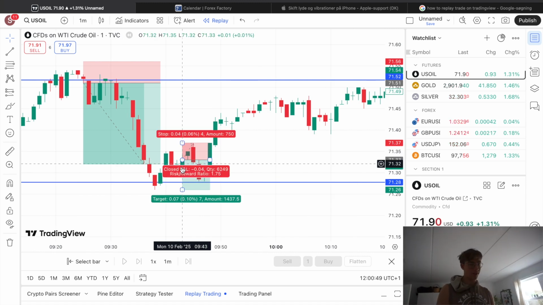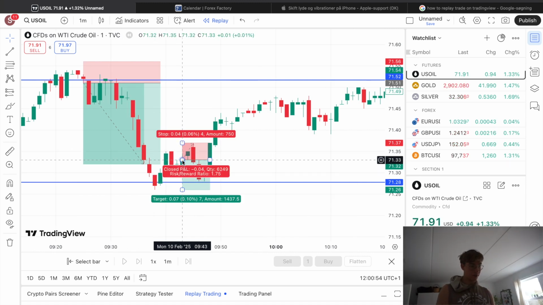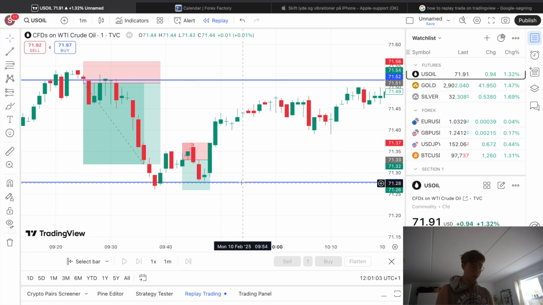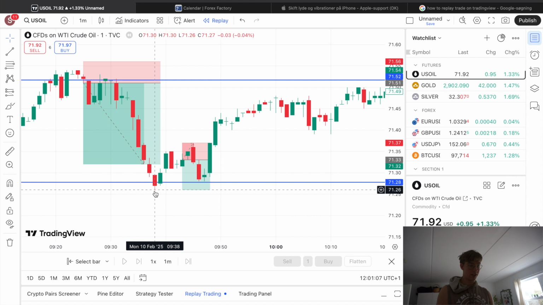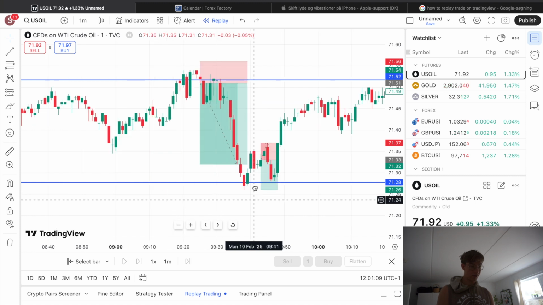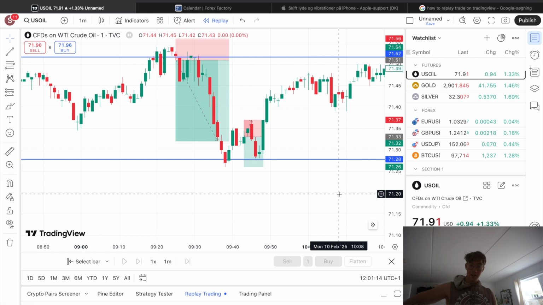I might have entered off of this candle, because we were going lower, and I thought this was going to be the highest of the retracement, which obviously it wasn't. We went down, I was like, yes, I'm right, and I just targeted this, but I thought it would actually come down even further, and we would see this on the daily.